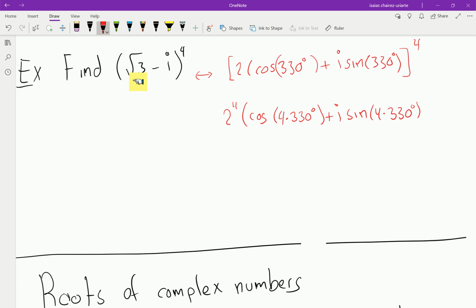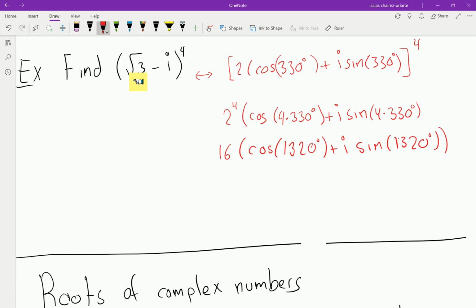And 4 times 330 becomes 1320. So this becomes 16 times cosine of 1320 degrees plus I sine of 1320 degrees.